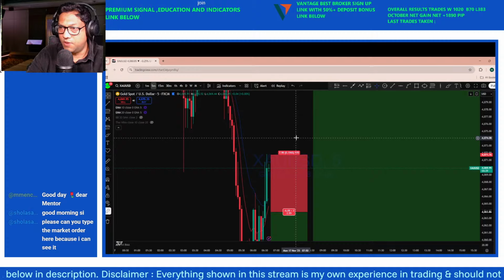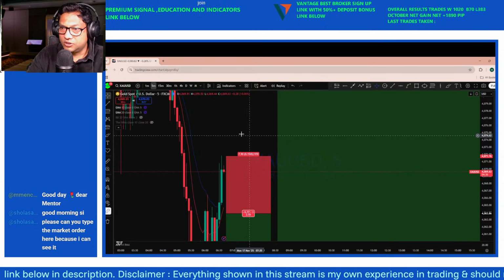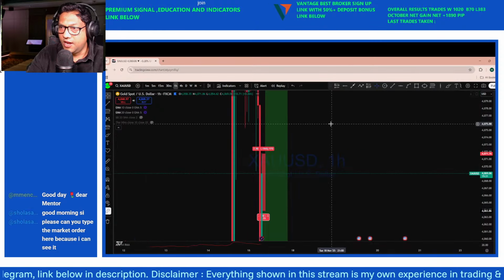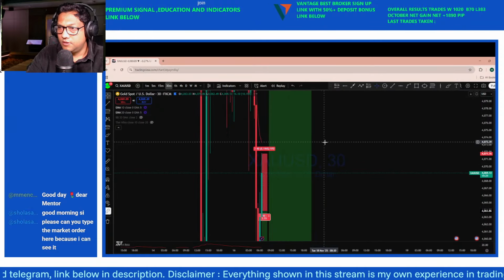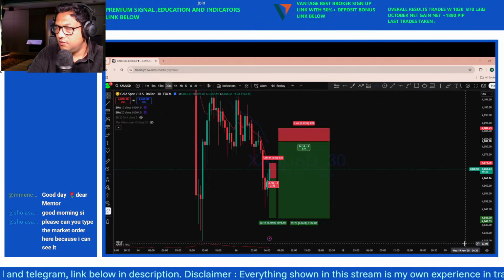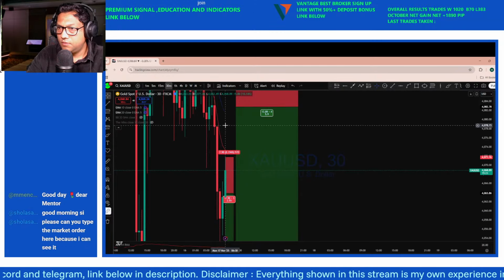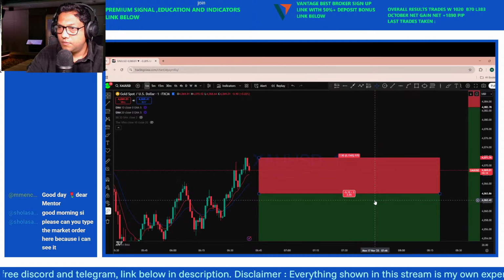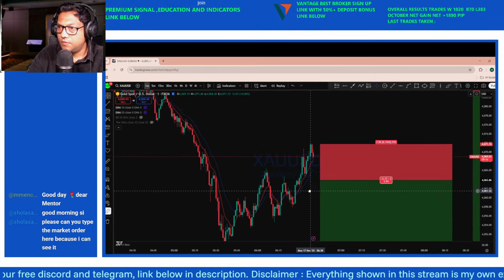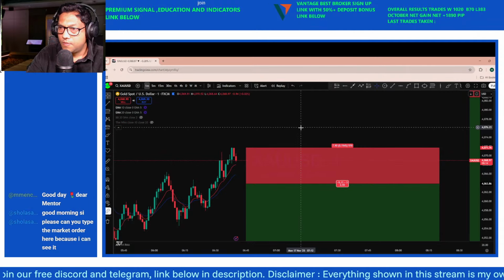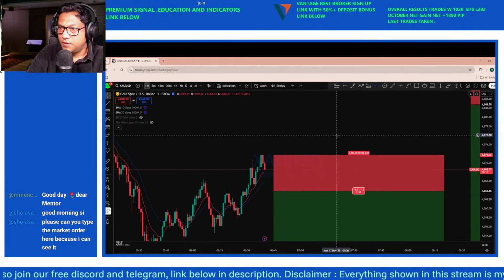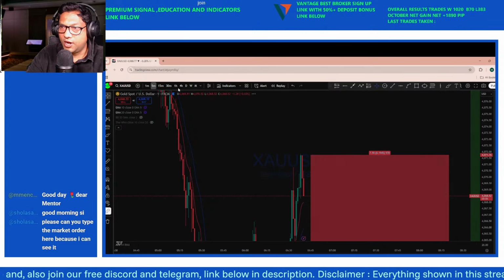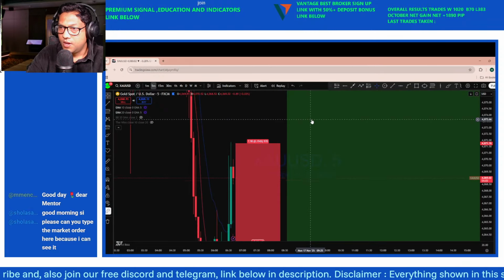If you look at here, you can see the market is slowly building that price action, and it's just from that entry the market is trying to break that low.